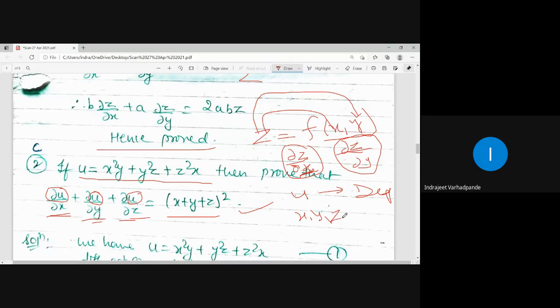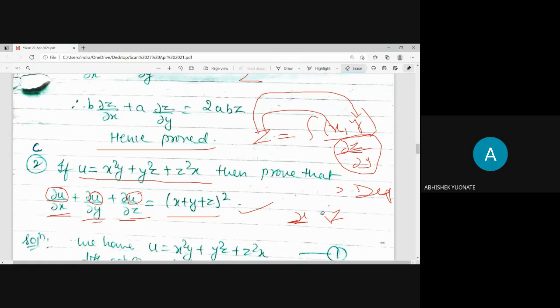Clear? So while differentiating with respect to x, y and z will be treated as constant. While differentiating with respect to y, other variables x and z will be treated as constant. While differentiating with respect to z, other variables x and y are treated as constant. Did you understand this?